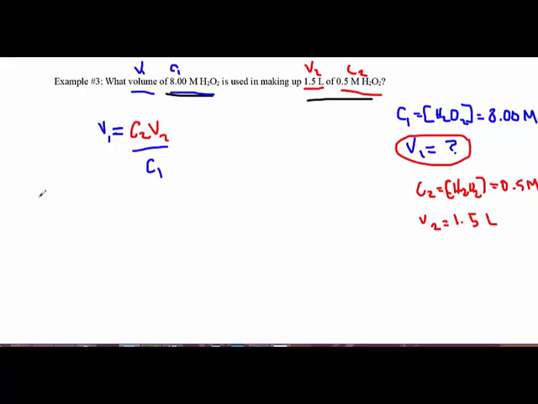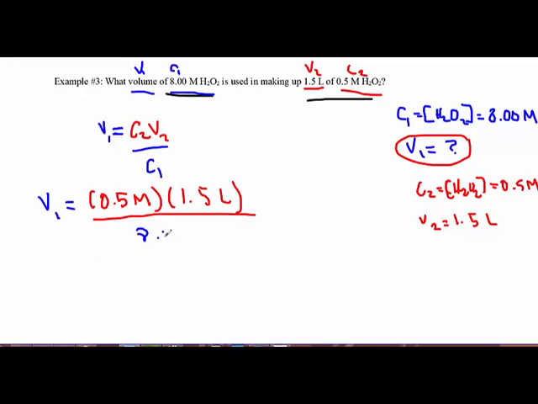So C2 first, I've got 0.5 moles per liter multiplied by V2, which is 1.5 liters, divided by C1, which I know is 8 moles per liter. Keeping my units in my calculation.